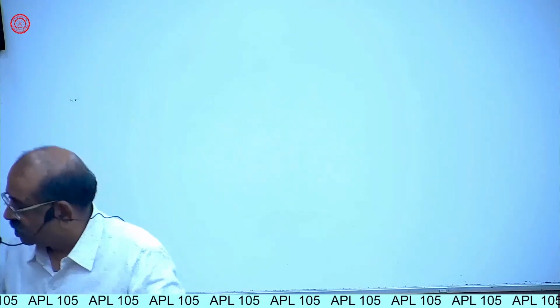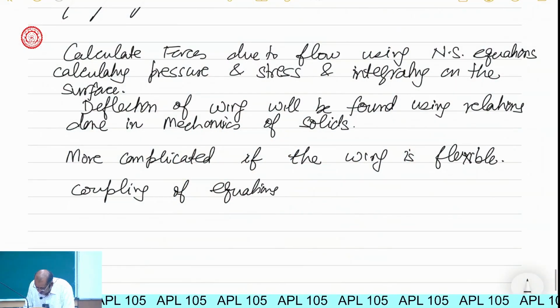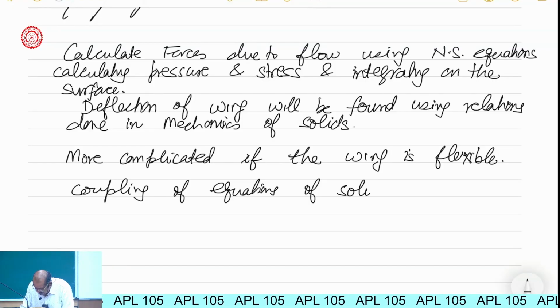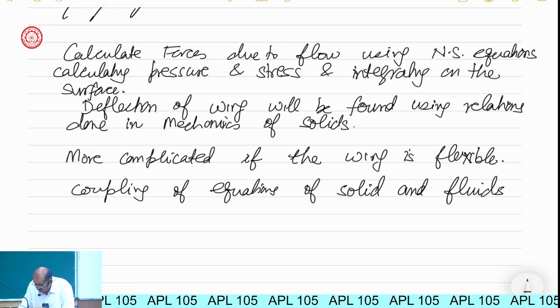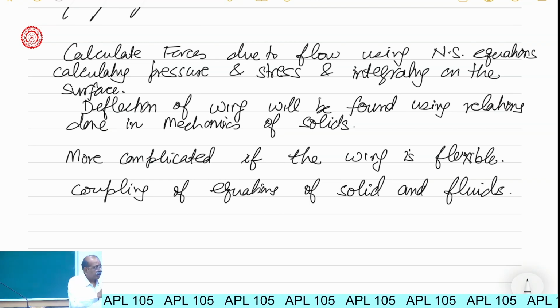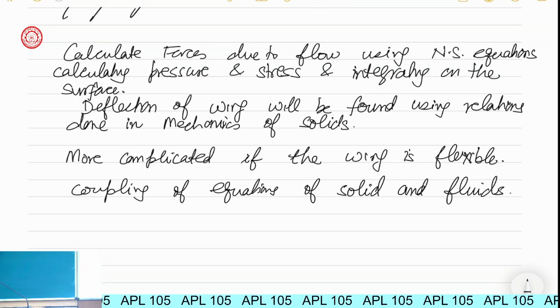So then you have to do a coupling of the equations of solids and fluids to be able to get the full solution. So if it's a flexible wing, then we have to do a coupling of equations of solids and fluids. And that coupling, you have to do maybe in an iterative way.